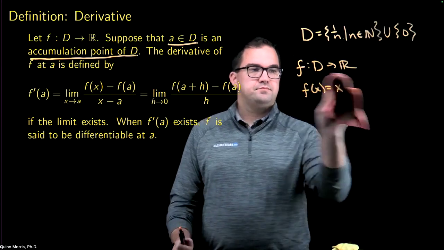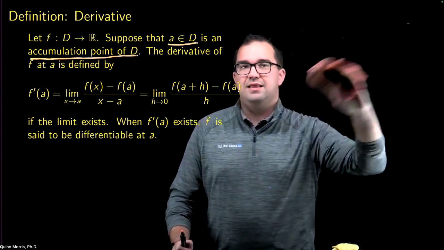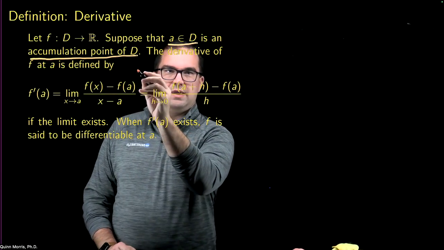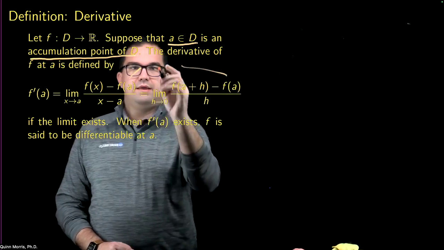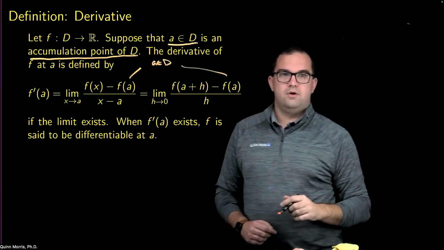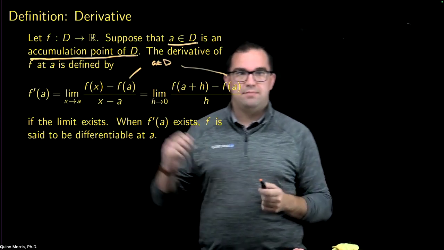Now, the reason those are important is that when we look at that limit definition, I need a to be in my domain in order for f of a to make sense. So certainly a has to be in my domain.